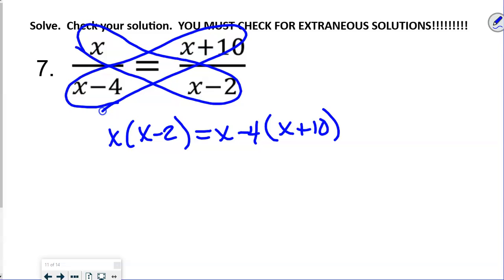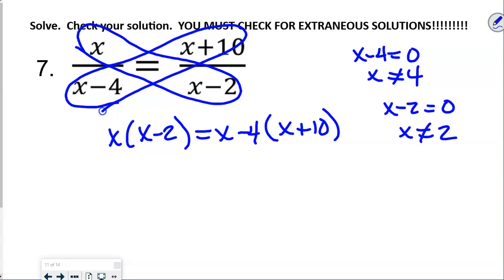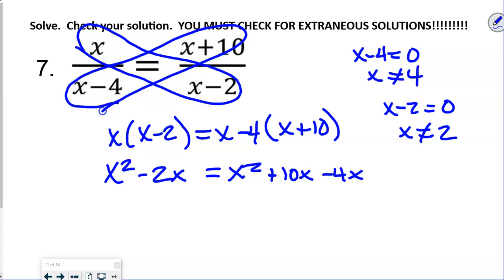Again, our excluded values here would be, if we were talking about extraneous solutions, x minus 4 is equal to 0, so x cannot equal 4. X minus 2 equals 0, so x cannot equal 2. So let's go ahead and solve this. X squared minus 2x. Then we're going to do this, x squared plus 10x minus 4x minus 40.